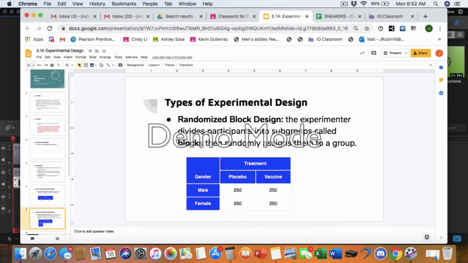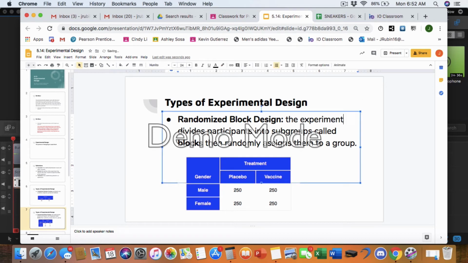Now, randomized block, right? This experiment divides participants into subgroups called blocks. So a block is just a group. It then randomly assigns them to a group. So, what does that mean, right? So let's take those same 1,000 people. But now what we're going to do is break it into male and female. So half the males get the placebo, half the males get the vaccination.